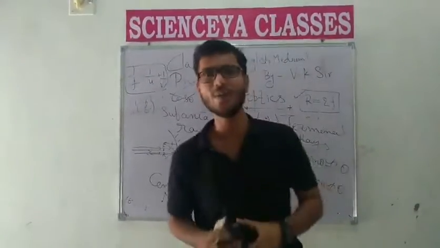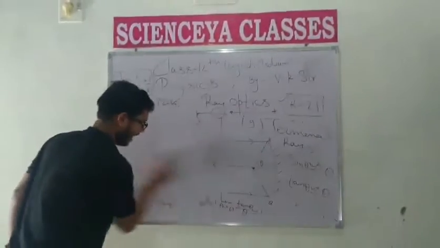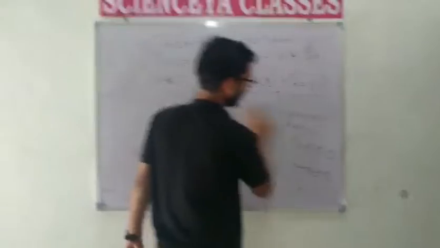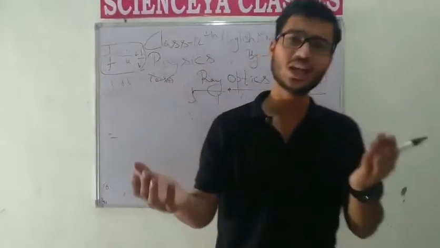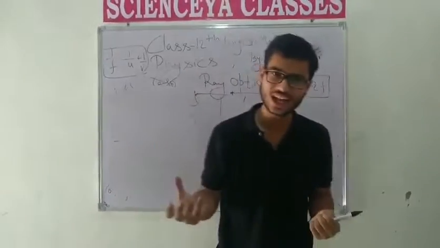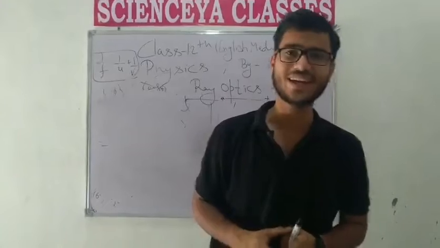Okay, students? Now we are discussing another two important definitions. The first one is linear magnification and the second one is angular magnification. We are discussing here the definition and difference between linear magnification and angular magnification.